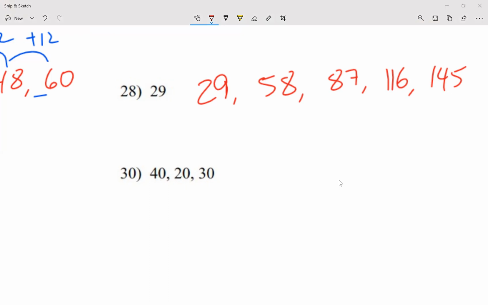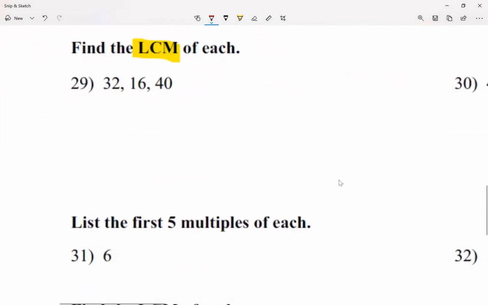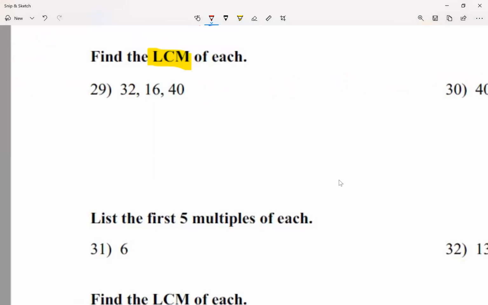Okay, so that was not that bad. Writing a list of multiples is not bad. Now here, 29 and 30, I'm asking for the least common multiple, right? LCM is the abbreviation for the least common multiple. What I'm going to do, let me write some multiples of 32.